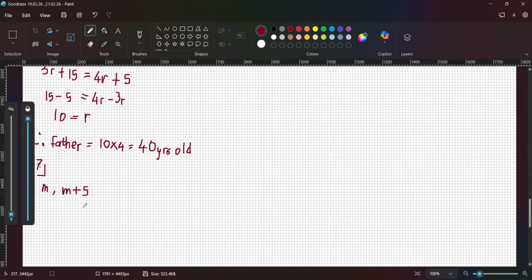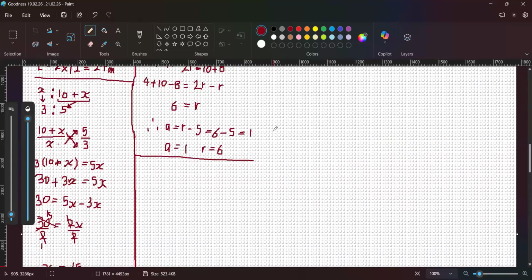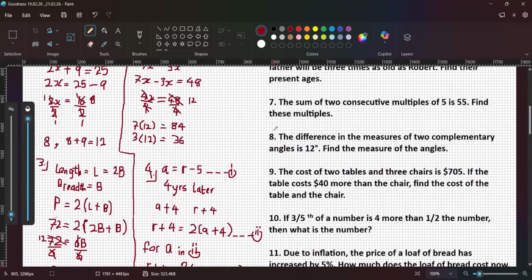Okay, now what's the next conclusion we should draw in solving this question? Do you want to see the question again? Yes, sorry. Okay. All right.